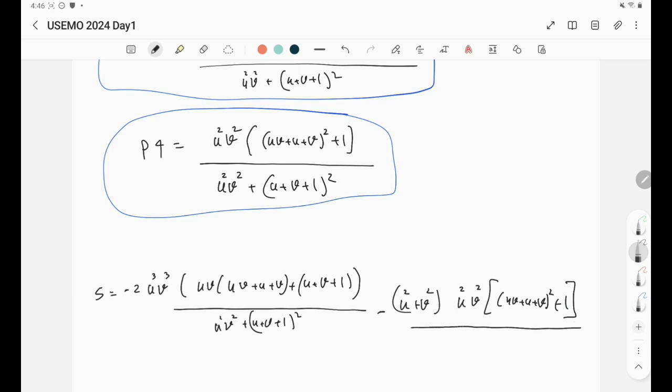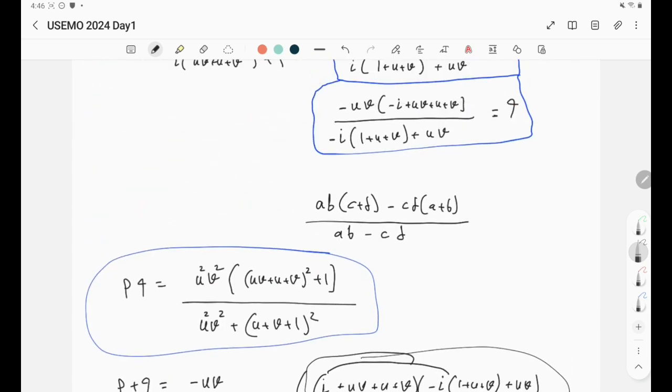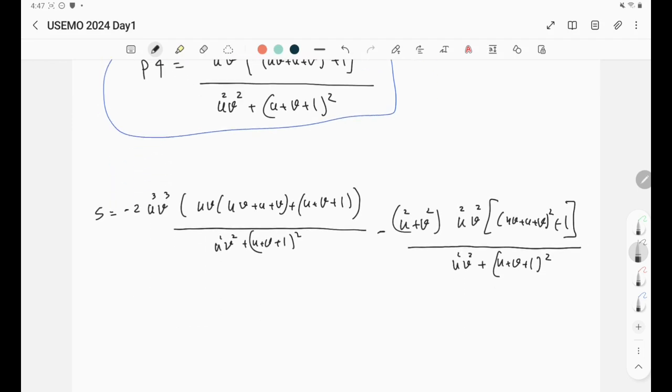divided by u square v square plus u plus v plus 1 squared. Okay, so that's everything in the numerator. Now we have the denominator as well, which is like ab minus cd, that is basically u square v square minus the product. So this thing is the numerator, and we also have the denominator.